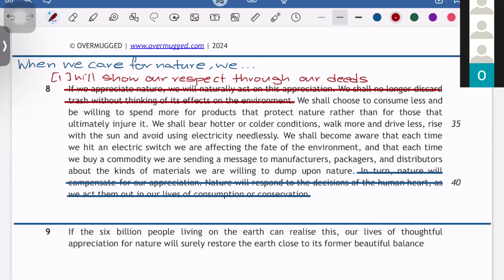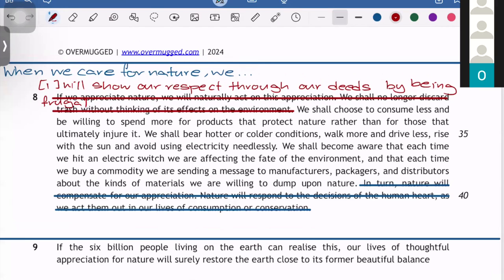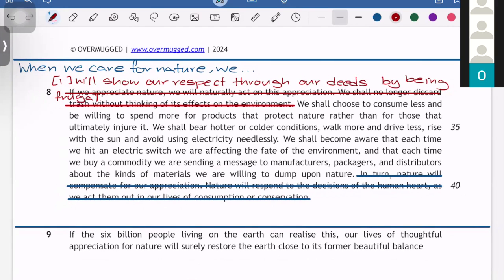So we'll show our respect through our deeds by being frugal about wastage, and being mindful of the consequences.